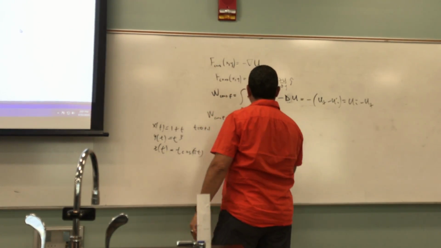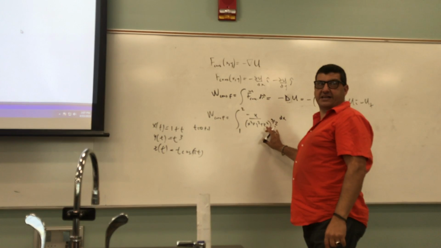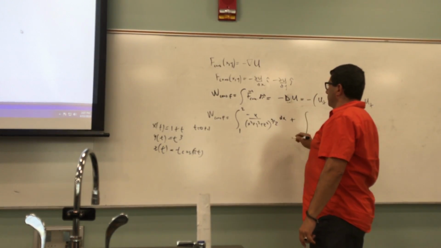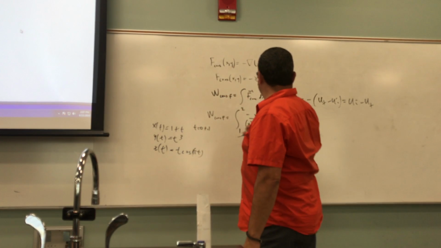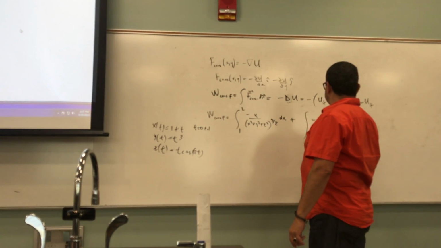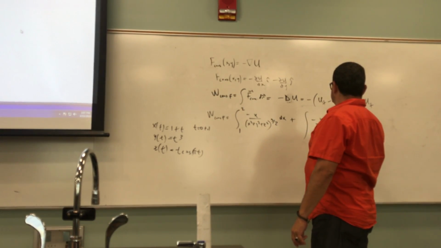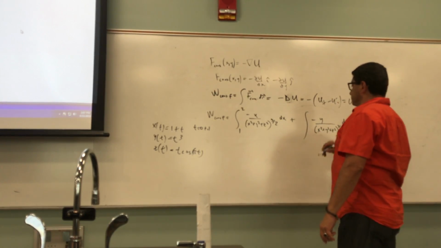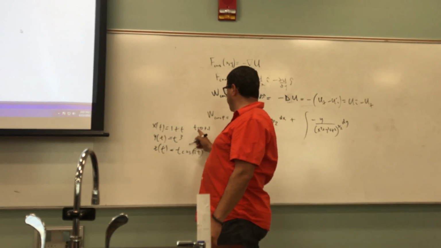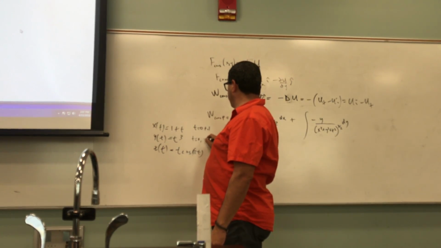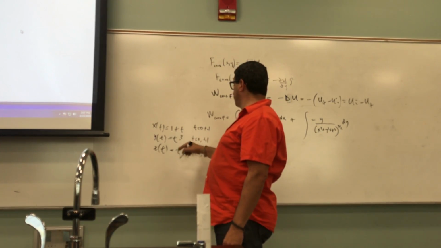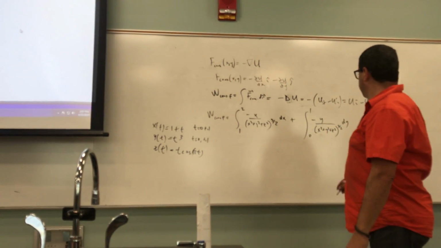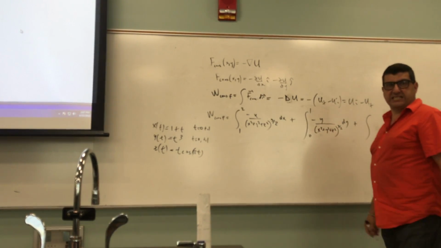So that's the work done in the x direction: F of x dx plus F of y dy, and then y goes from 0 to 1. So what are the limits of the y? 0 to 1, and then F of z dz.